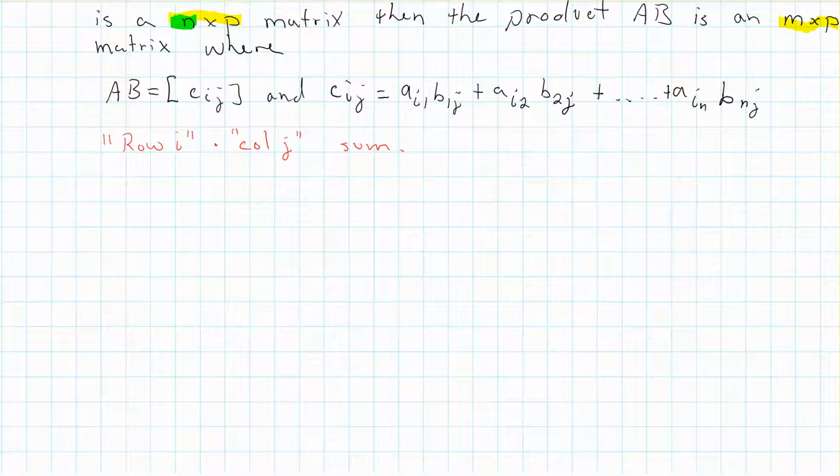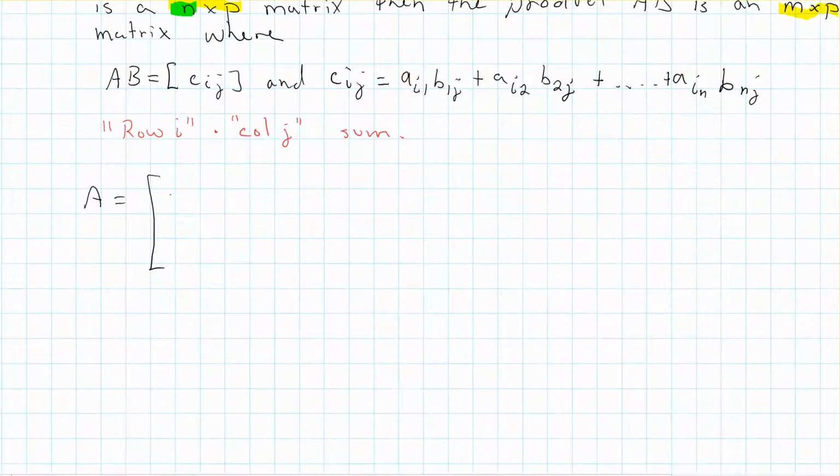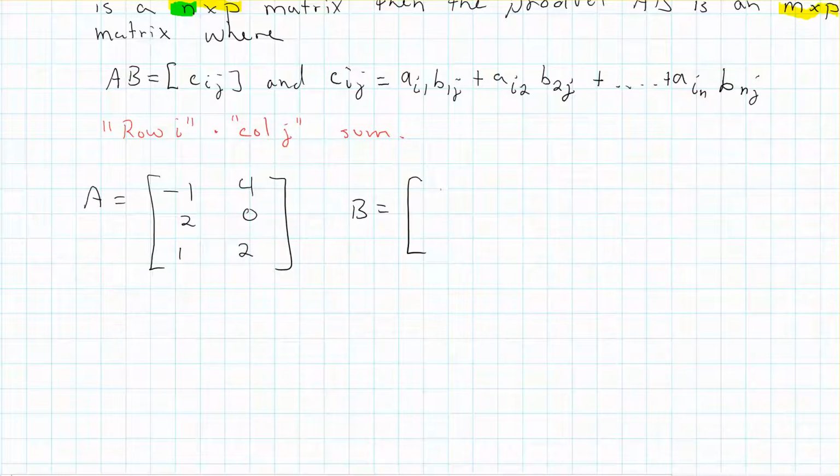So let's start off with A is equal to -1, 4, 2, 0, 1, 2, and B is equal to 1, -2, 0, 7.